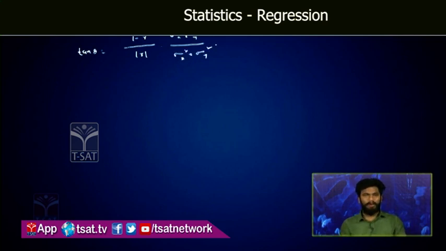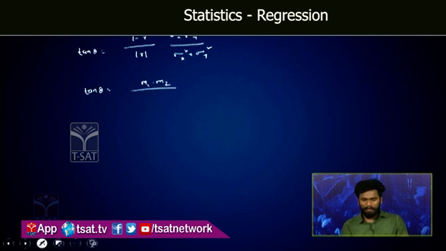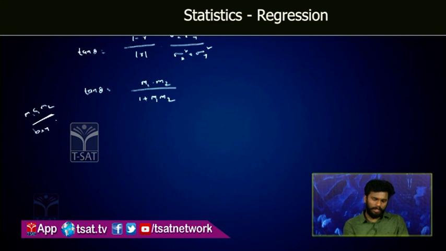This is one of the measures of tan theta. And we also have one other formula, tan theta is equal to (m1 minus m2) by (1 plus m1 into m2), where m1 and m2 are the slopes of the regression lines, b xy and b yx respectively.